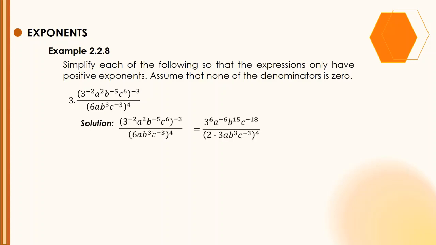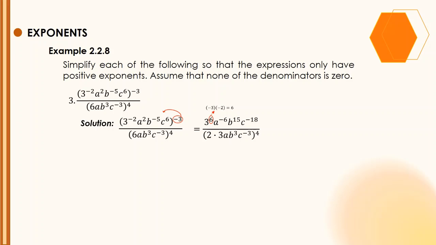So ang ginawa dito, yung negative 3 i-multiply natin sa loob. So, ginamitan natin ng power rule. So, kaya, yung exponent ng 3 is naging 6. Yung exponent ng a is naging negative 6 kasi 2 times negative 3 is negative 6.